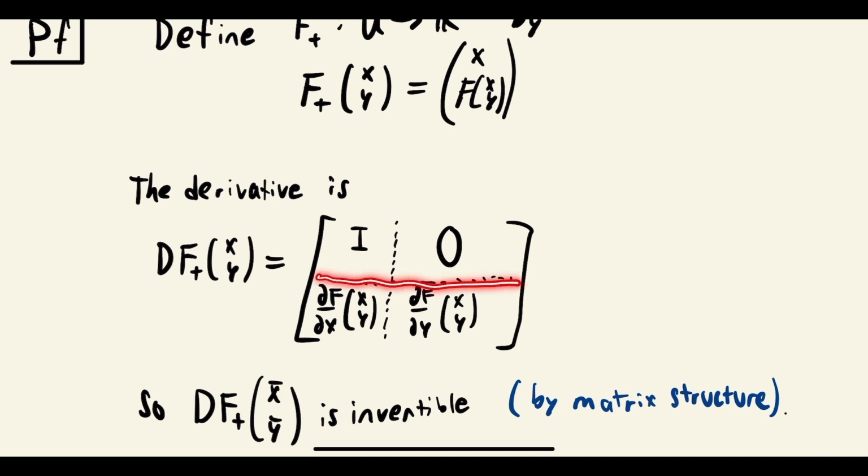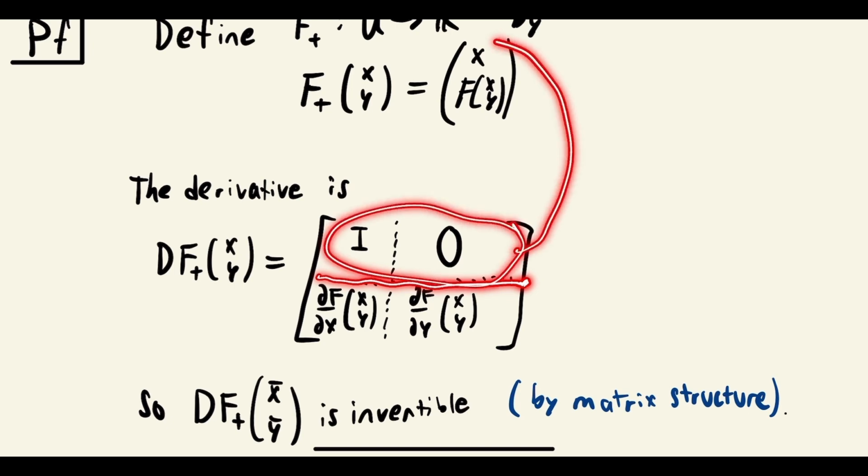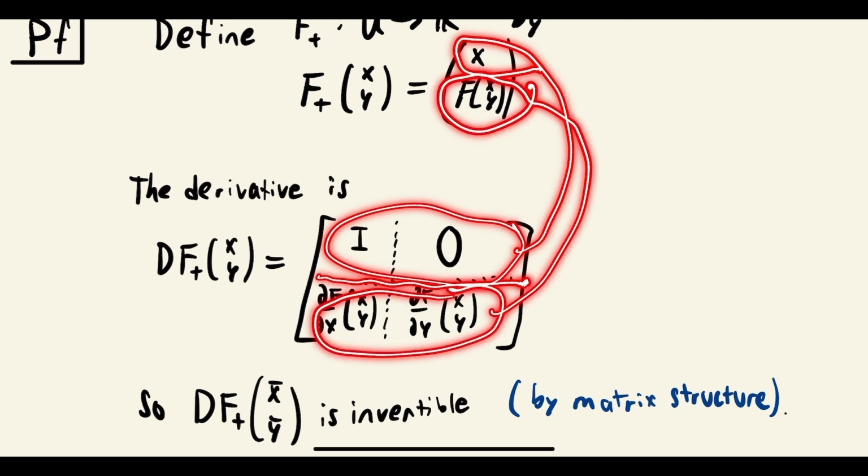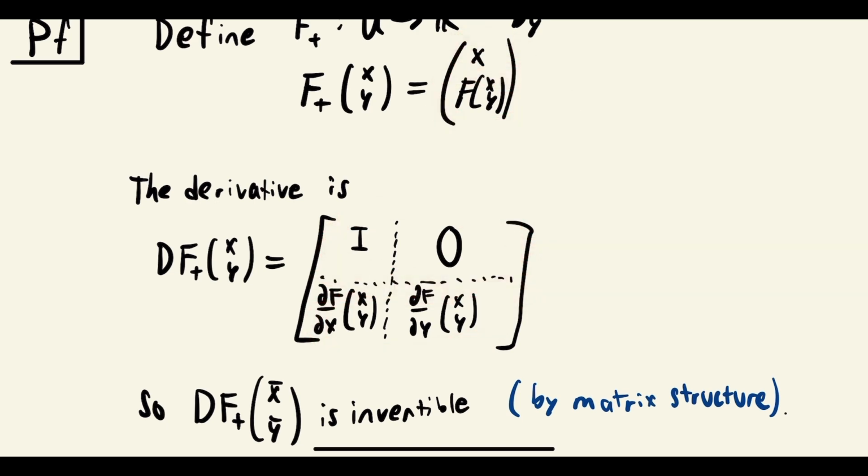And then this division here is corresponding to all the function outputs. So the top part is corresponding to the differentiation of this top part of the function, and the bottom part is corresponding to the differentiation of this bottom part of the function. Overall, in this block, we are taking the derivative of this portion of the function with respect to the x variables.